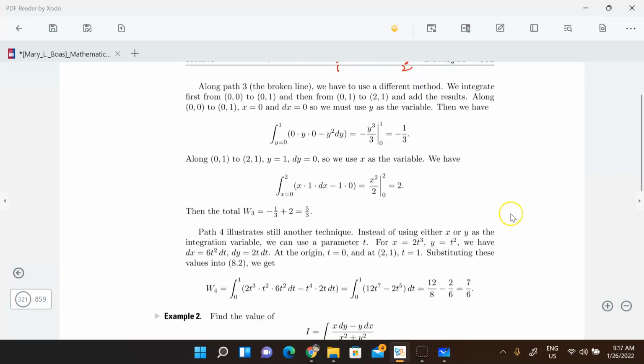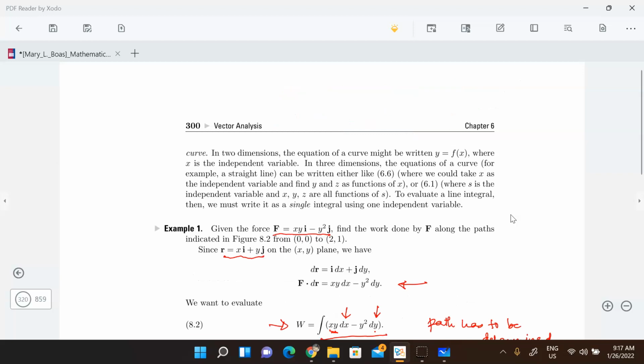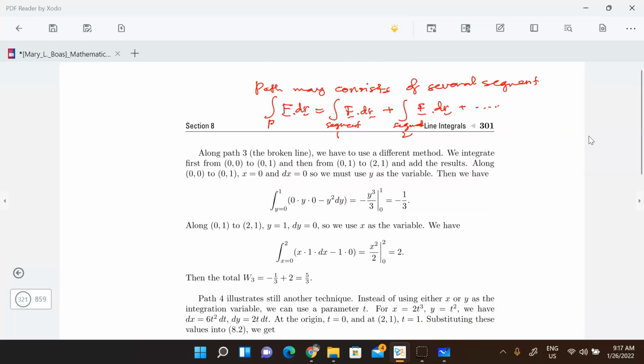If you look at the previous picture, let me go up just to refer back to the picture again. Okay, you have this vertical path, and then you have this horizontal path. So here is the vertical path. On the vertical path, your x is constant, equal to 0. In other words, when x is constant, your dx is 0.